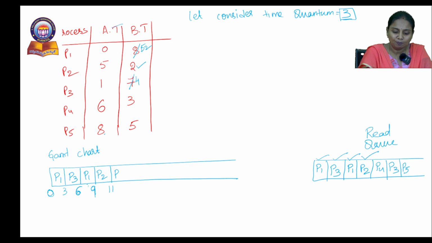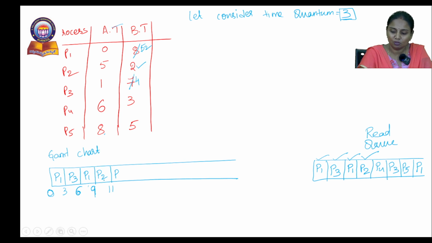So here P1 got the second chance to utilize the CPU, and after completion of the second chance, burst time is still remaining. So again P1 will be available in the ready queue. P2 has completed its utilization, so P2 is terminated.